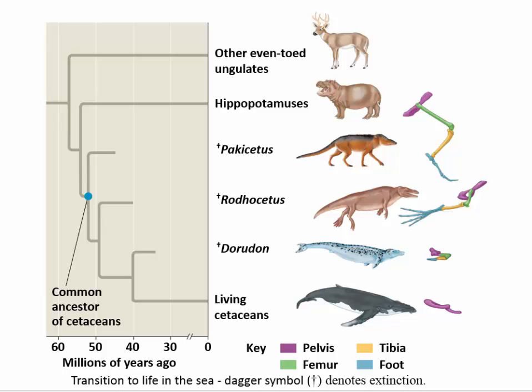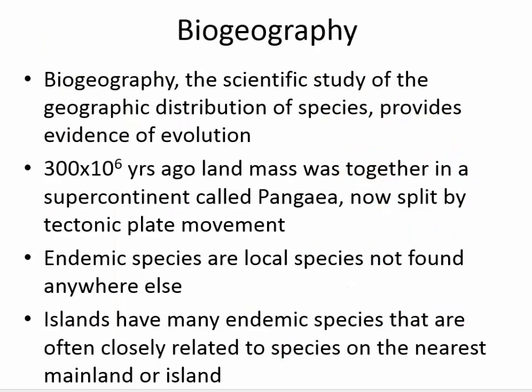We have the living cetaceans, which are whales today, but they all came from ungulates, which are further back down in the evolutionary tree. If you look at their limbs, you can see the humerus, the ulna, phalanges, and you can see what happened to all these bones.